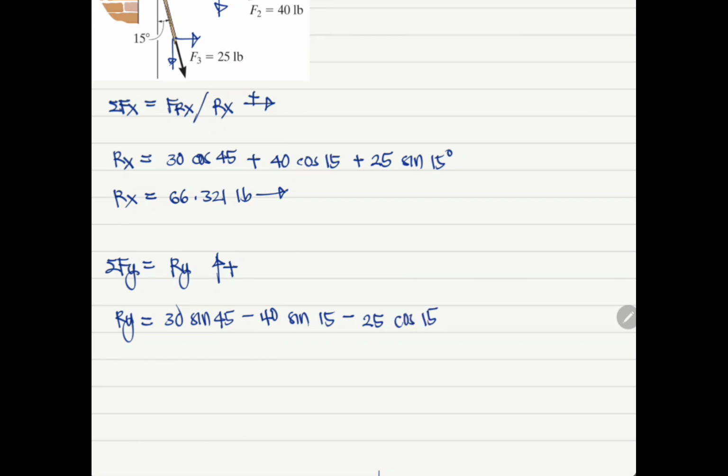So we have a value of Ry equal to negative 13.288 pounds, or positive 13.288, and its direction is downward.